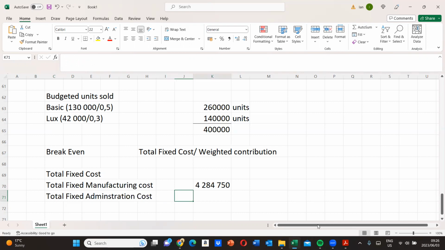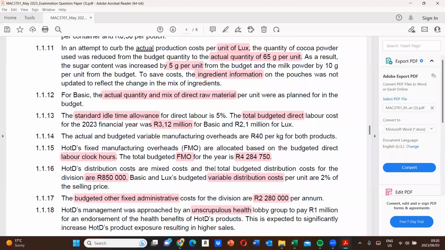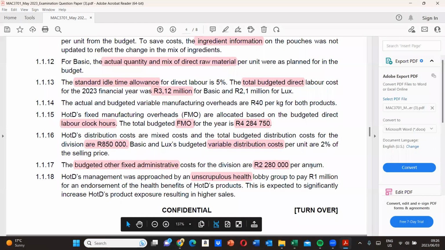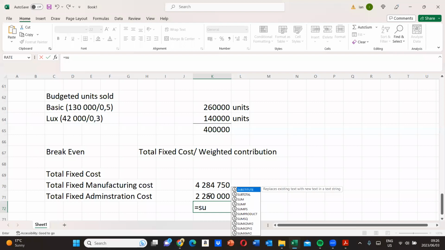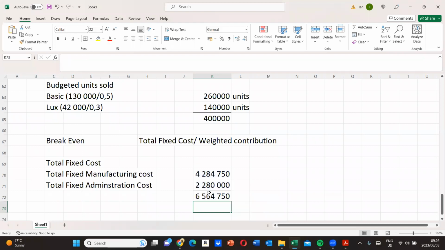In terms of the administration cost, we are sitting with 2,280,000 per annum. So that's what we have. Then we add them together, and it gives us 6,564,750. So that is the total fixed cost.